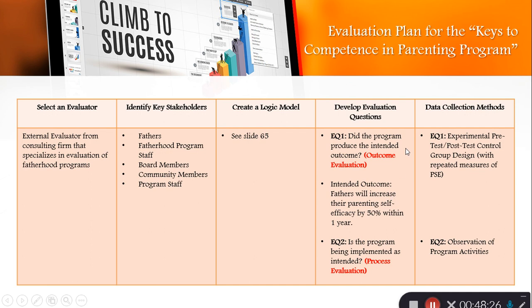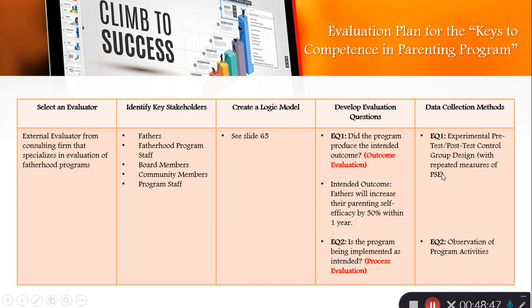Evaluation question number 2 is more of a process question, and that is, is the program being implemented as intended? Okay. And so to get at my first evaluation question, I might employ an experimental pre-test, post-test control group design with repeated measures of parenting self-efficacy.